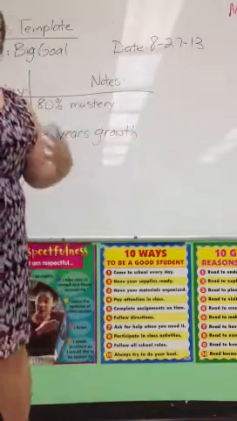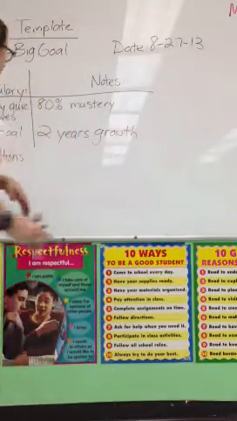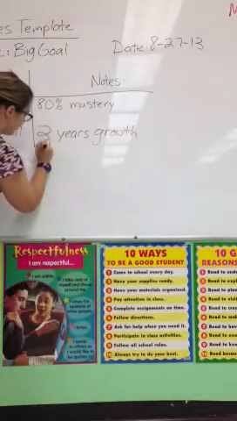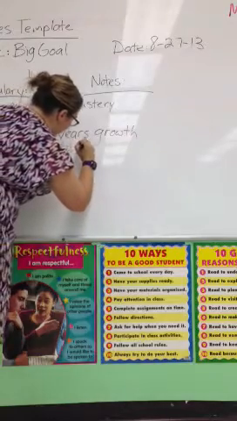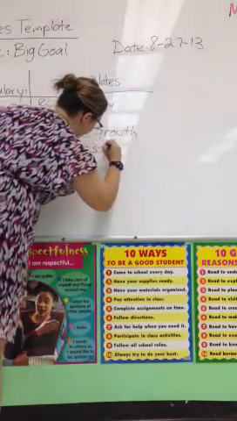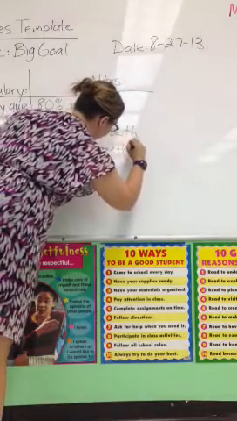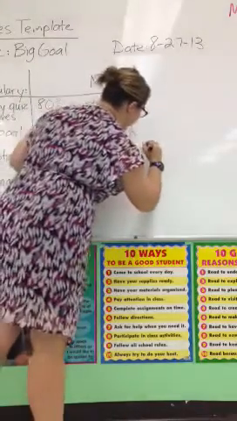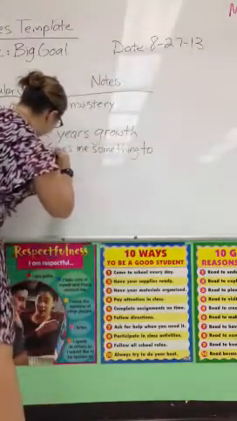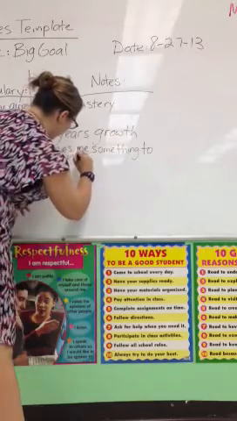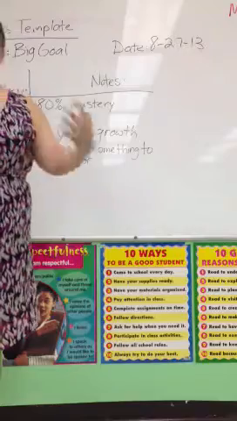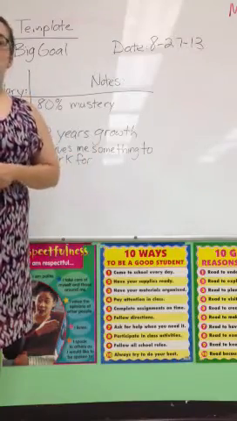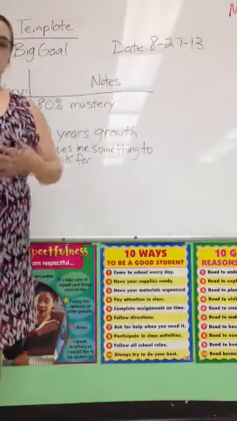So maybe we should put one reason why it's important to set a goal. Gives me something to work for. So it'll give you time to think about what you need to do and then to set goals to accomplish that.